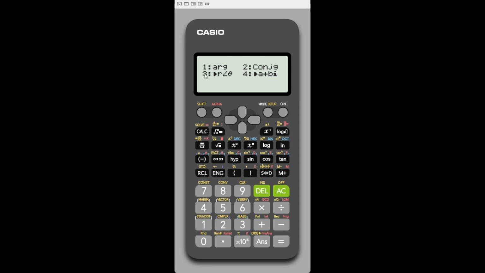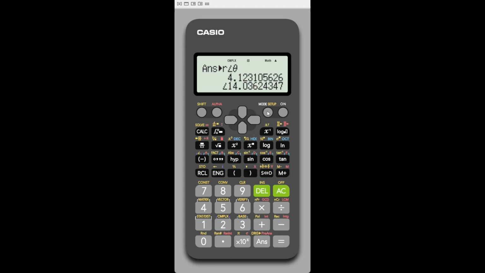So I select number 3. I can see that the answer, 4 plus i, is to be converted to magnitude and angle, that is the polar form. Providing equal to gives me the actual value of polar. So it is 4.123 angle of 14 degrees.